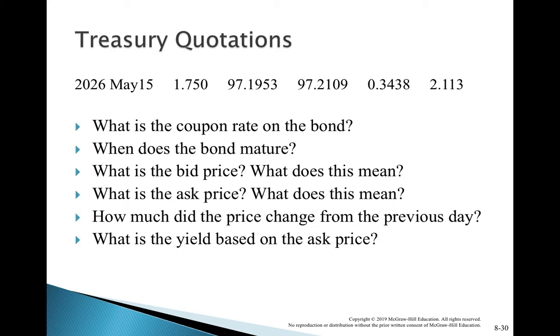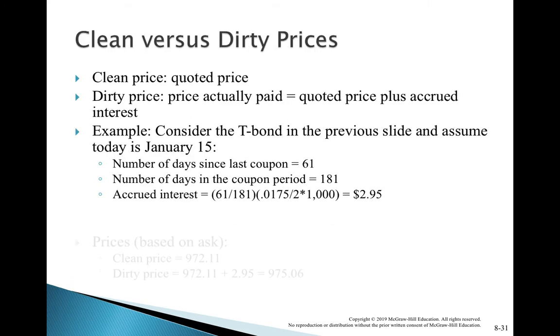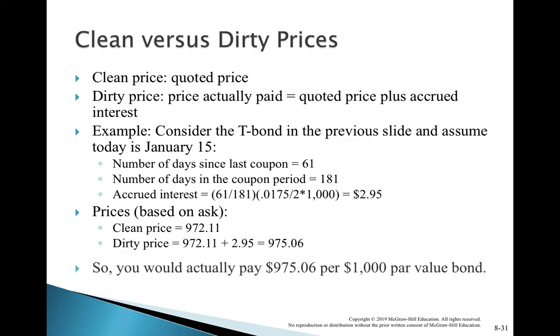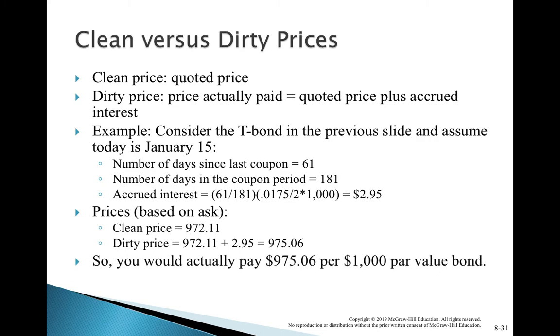The quoted price added with the accrued interest: 972.11 is the quoted price, that is the clean price, plus 2.95 is the accrued interest, so 975.06 is the dirty price. This you can calculate in the spreadsheet in no time. I will show you how to do it in the spreadsheet.